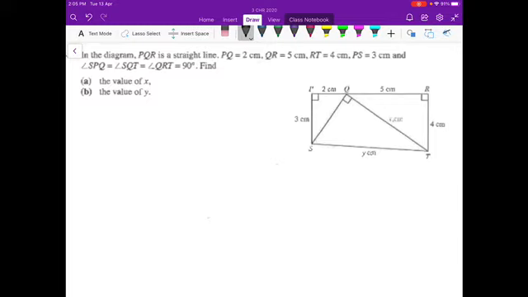Oh, you mean put like that? Okay, you can do it. You can just turn your paper. Oh, SPQ. Okay, 90 degrees, and another 90 degrees. Find the value of x.